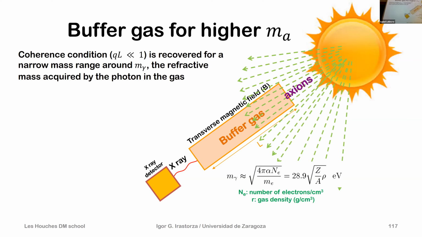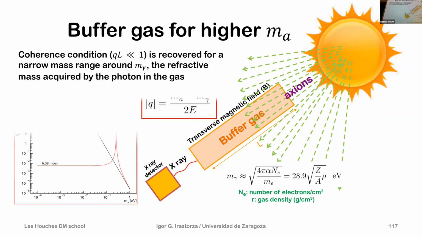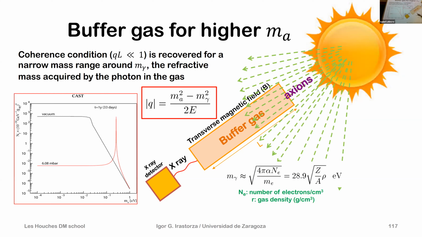So you can match the wavelength of the photon and that of the axion better, and recover the coherence condition. Now q is not anymore m squared over 2E, but m squared minus m photon squared. So this changes a bit the previous formula, and you get something like that.